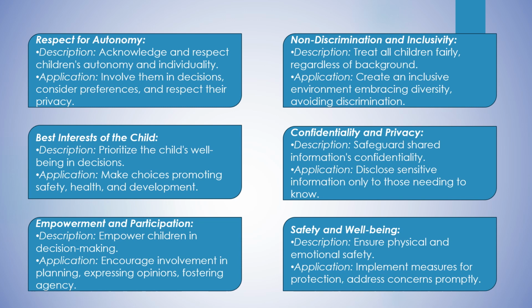Pick one or two of them and say, we ensure that we respect autonomy. You can list a couple and then home in on a couple. Respecting autonomy, we always encourage the young person to make decisions on their own or to make collaborative decisions with staff, such as when we were talking about what we wanted for dinner this week.